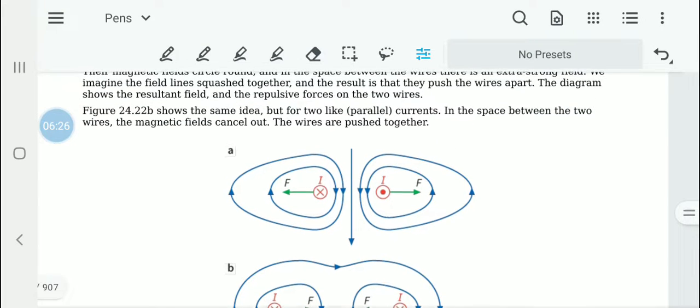We can figure out the direction of the force using the rules.